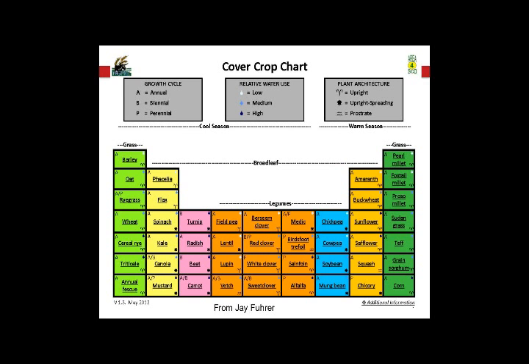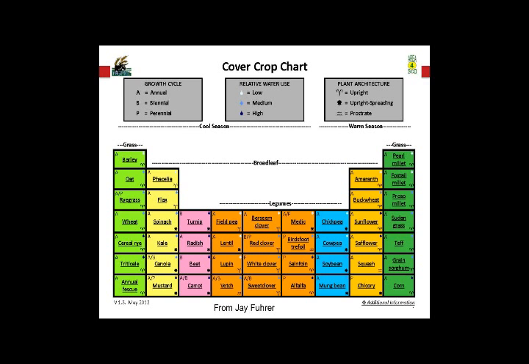And then it's also very important to look at the plant architecture, and we'll talk again a little bit more about that. We want to try to capture as much sun as possible, so we want some that are very much upright. We want some that are going to collect that sunlight from a medium range, and then some of them that are actually more prostrate.